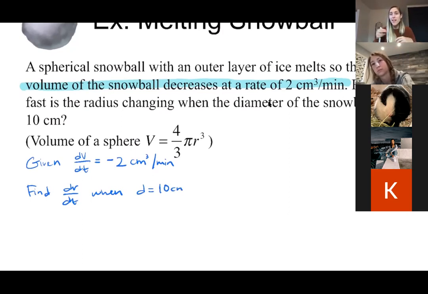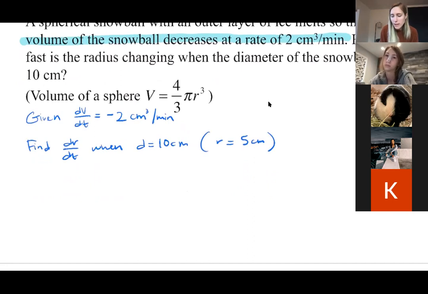So at the moment that the diameter of the snowball is 10 centimeters, we want to know how the radius is changing with respect to time. And we know that if the diameter is 10 centimeters, that means that the radius would be 5 centimeters at that moment in time.